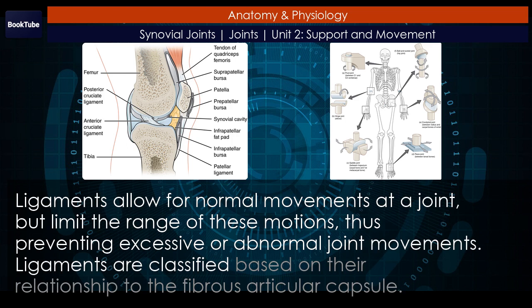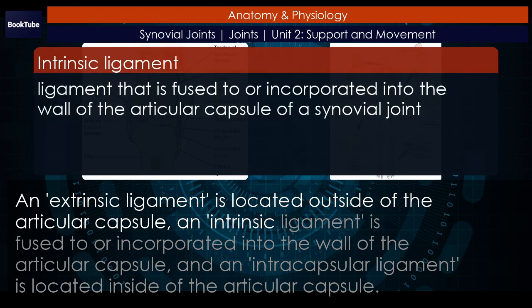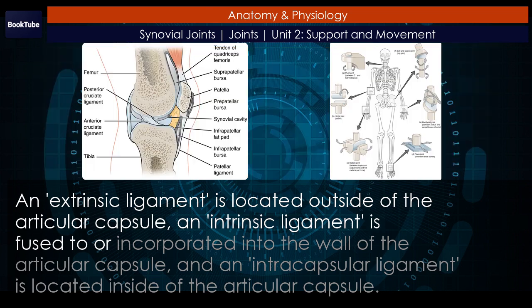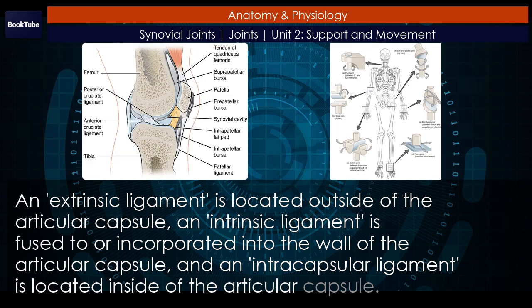Ligaments are classified based on their relationship to the fibrous articular capsule. An extrinsic ligament is located outside of the articular capsule. An intrinsic ligament is fused to or incorporated into the wall of the articular capsule. And an intracapsular ligament is located inside of the articular capsule.